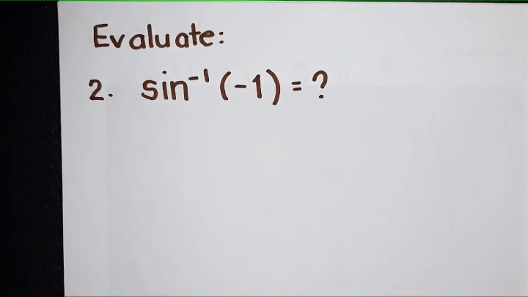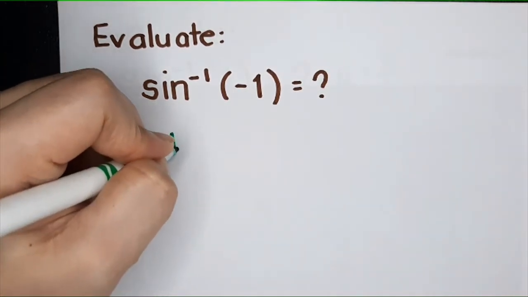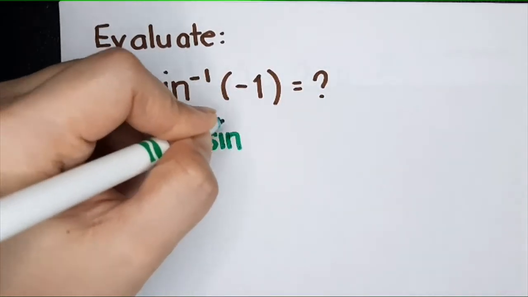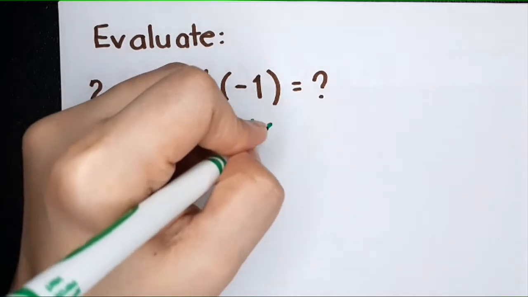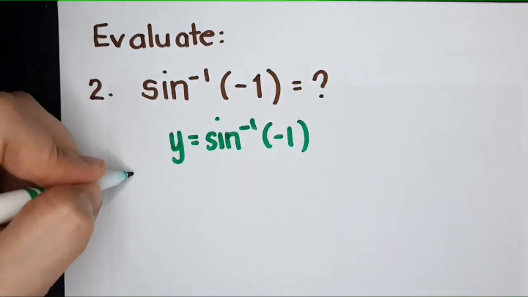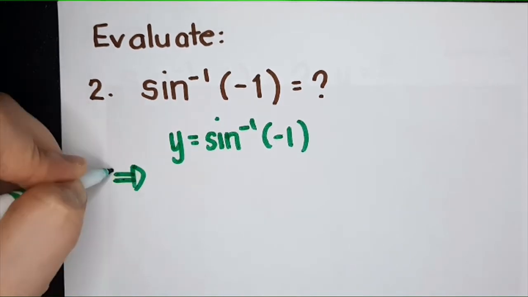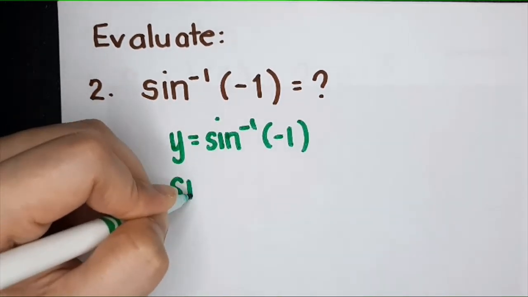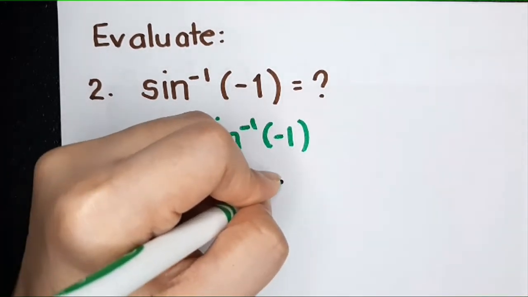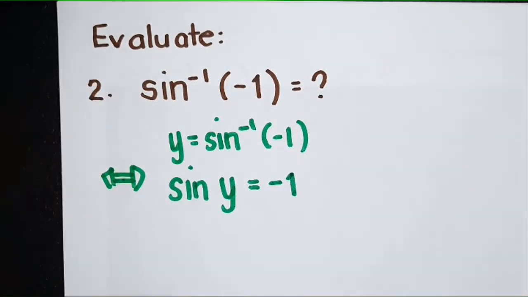Okay, so this is our second example. What is the value of sine inverse of negative 1? So, ganun pa din. You let this be equal to y. Y is equal to sine inverse of negative 1. Okay? And then equivalently, we can write this as sine of y equals negative 1.